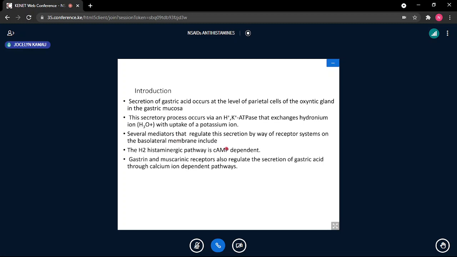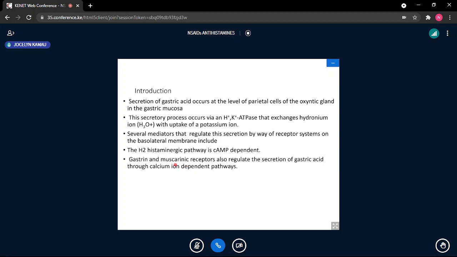There are several mediators that regulate this secretion by way of receptor systems on the basolateral membrane. You, of course, have the H2 histaminergic pathway, which is cyclic AMP dependent. And then you also have gastrin. You've definitely mentioned gastrin. You have muscarinic receptors, which are triggered by acetylcholine.